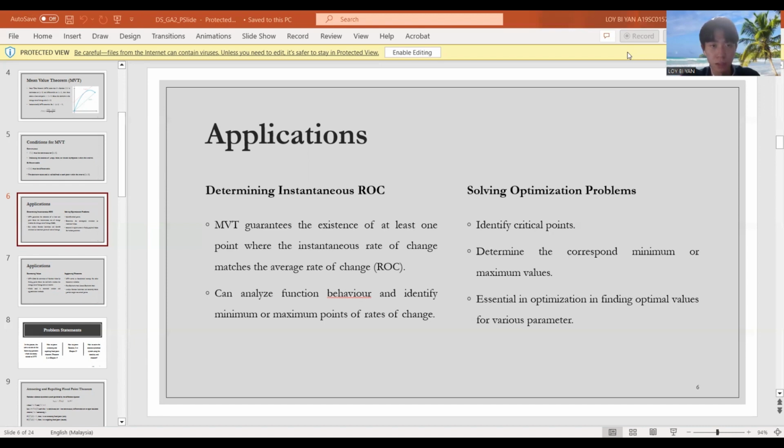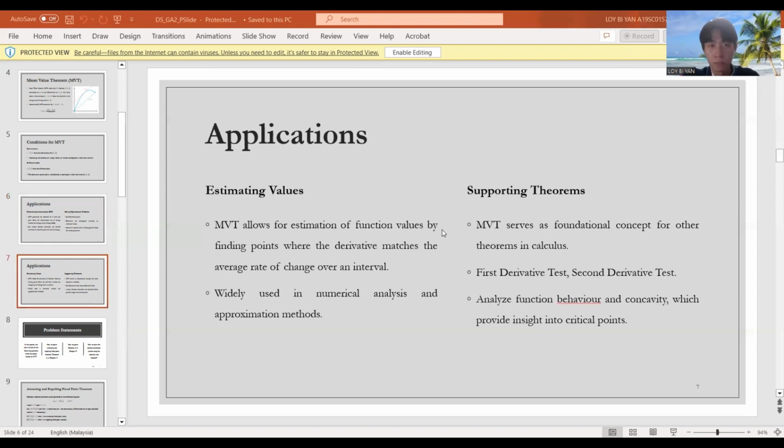The next application is solving optimization problems. The mean value theorem can identify critical points and determine the corresponding minimum or maximum values. It is essential in optimization for finding optimal values for various parameters.